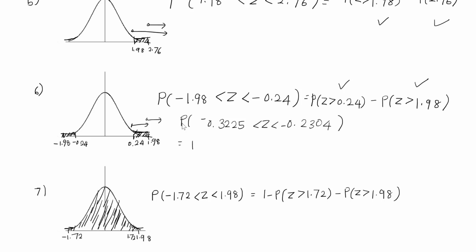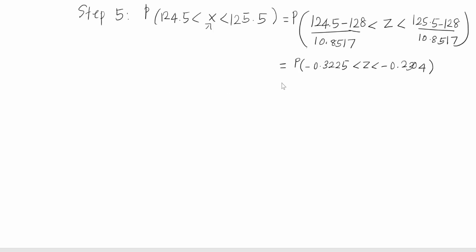So it's equal to the probability of Z greater than 0.2304 minus the probability of Z greater than 0.3225.